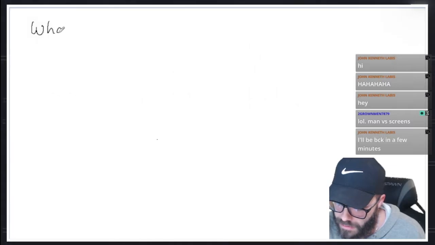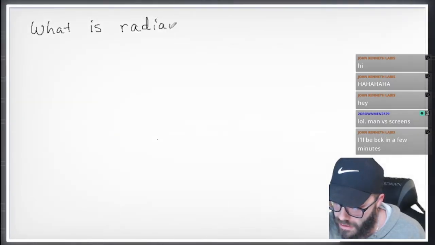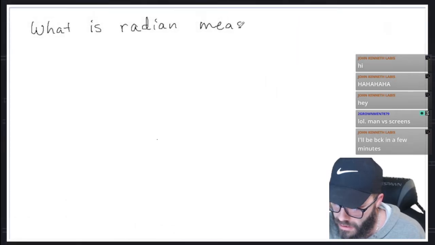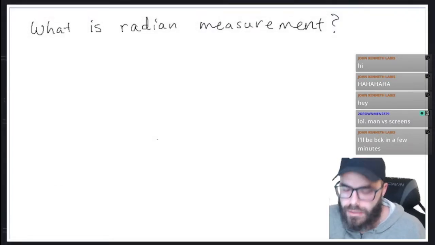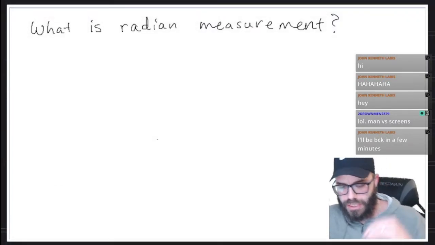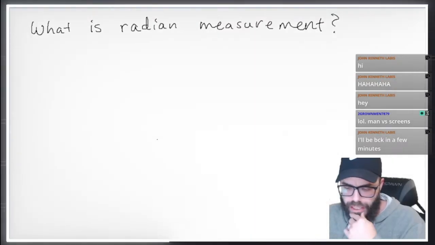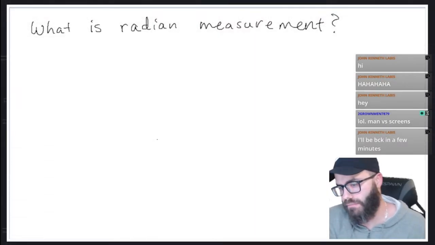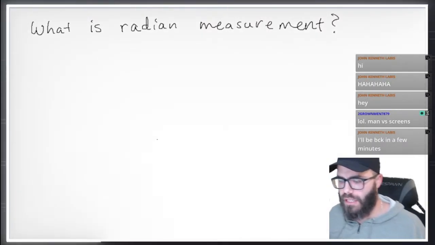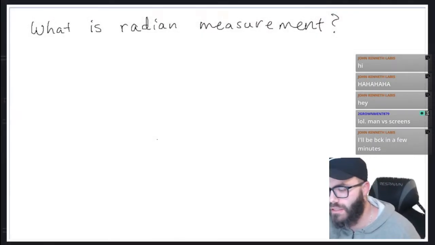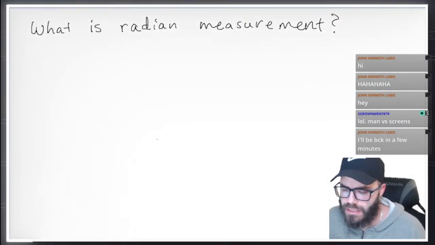What is radian measurement? So I'm going to give a definition, sketch a circle, and put the idea of an angle in standard position alongside the idea of a radian measurement, and give you a picture of what a radian is.